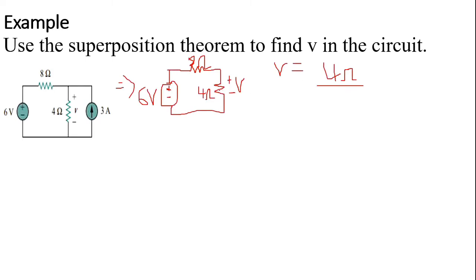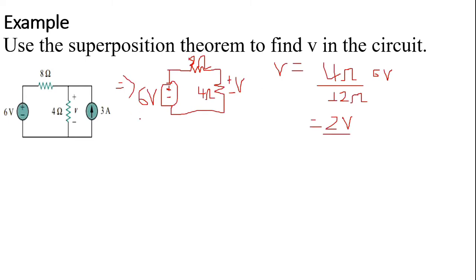So 4 plus 8 is 12, times the voltage source supplied to these two resistors, which is 6 volts. We obtain 4 times 6, that's 24, over 12, that's 2 volts. This indicates that 2 volts is dropped by the contribution of this voltage supply.